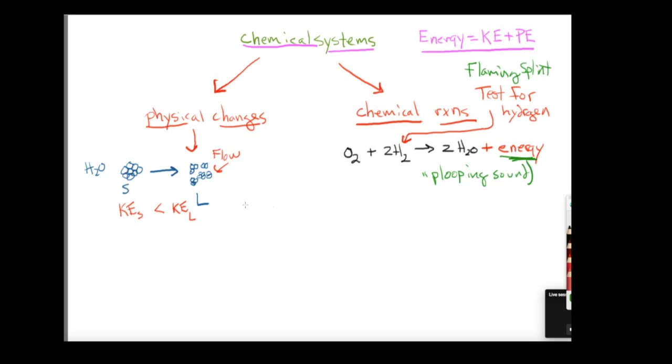Now, like I said, I don't want to go long about this. Basically, in the case of chemical reactions, and this is what we're going to focus on in the subsequent lessons, lesson 2 and lesson 3, the difference in potential energy has to do with the bonds.